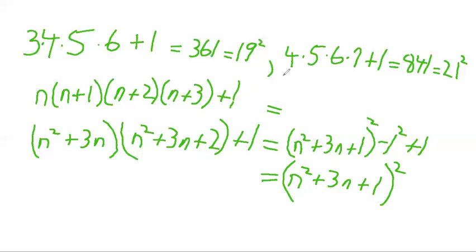Now, let's just take a look at this special case over here that we did numerically. For that case, our n was equal to 4. So according to this, if you put n equals 4 right here, you would get 16 plus 12 plus 1, quantity squared.